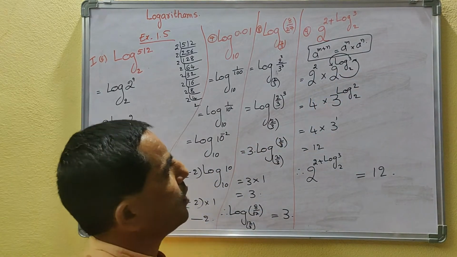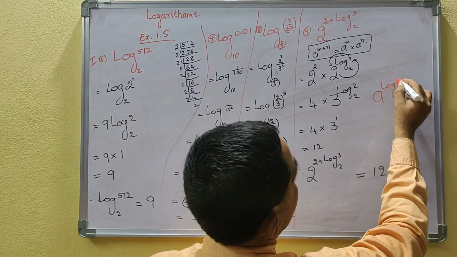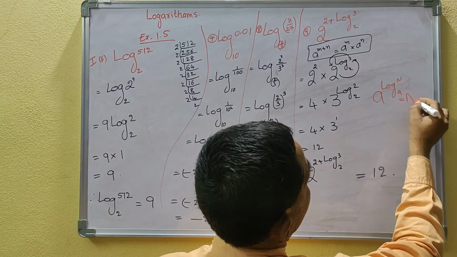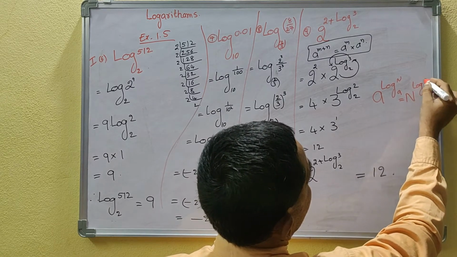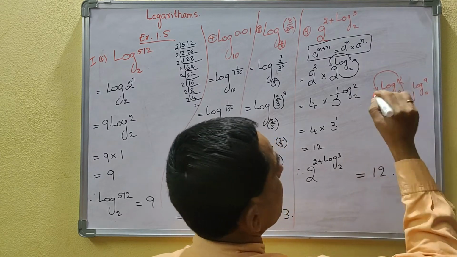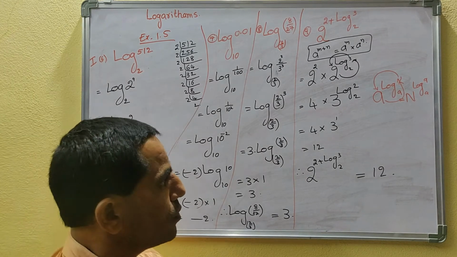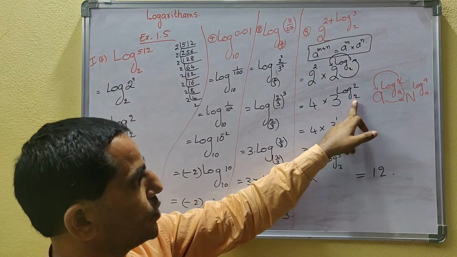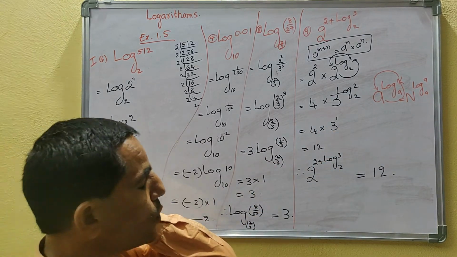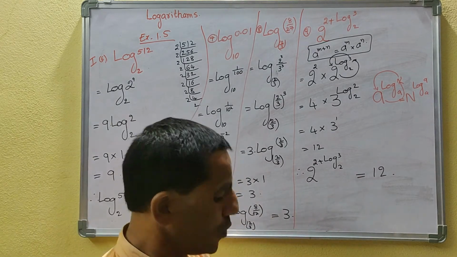So I will write that formula, a to the power of log n base a is equal to n to the power of log a base a, means n will come here and a will come here. So it is one formula. So 3 to the power of log 2 base 2. Log 2 base 2 value 1. So 4 into 3 to the power of 1, 4 3 is 12. So answer, 2 to the power of 2 plus log 3 base 2 is equal to its value, answer 12.